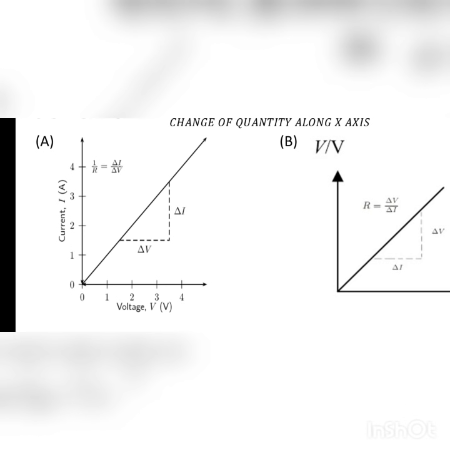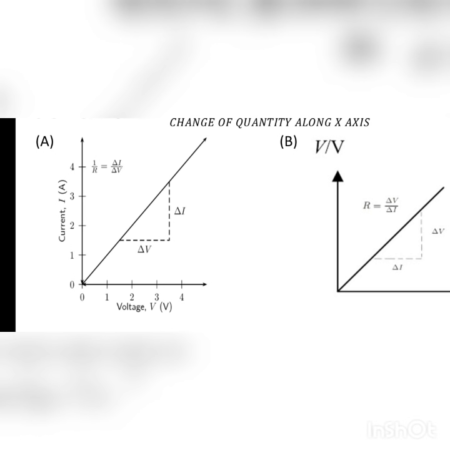This triangle is called delta, and delta means change. So change in the values of current will be delta I. Since current is on y-axis, delta I will be the change of quantity along the y-axis, and along x-axis the change is delta V.